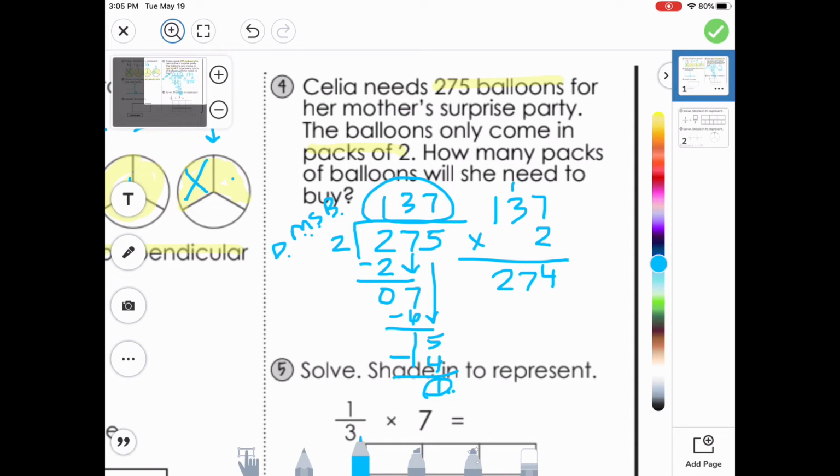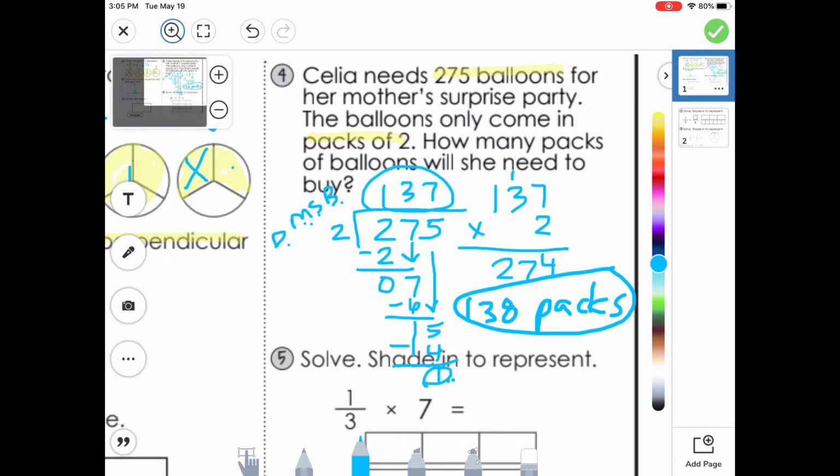That would be this extra remainder that we have. So she needs 1 more in order to have enough balloons for her mother's party. So she's going to actually need 138 packs of balloons, and then she'll have 1 balloon extra. But it's better to have 1 extra than to be 1 short. So the answer to this problem is 138 packs of balloons.